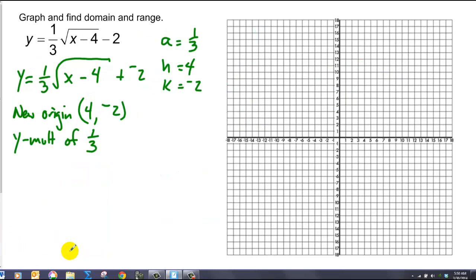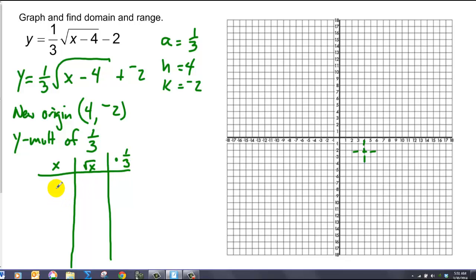So let's go ahead and deal with this graph. In this case, we have that new origin of 4 and negative 2, so I go over to 4, down 2, which puts me here. And we have a y multiplier of a third, so again we go through and make our chart where I have x, root x, and multiplying these y values by a third.